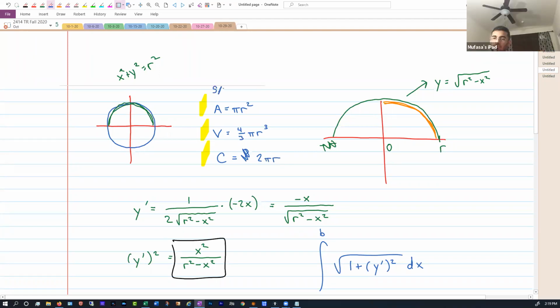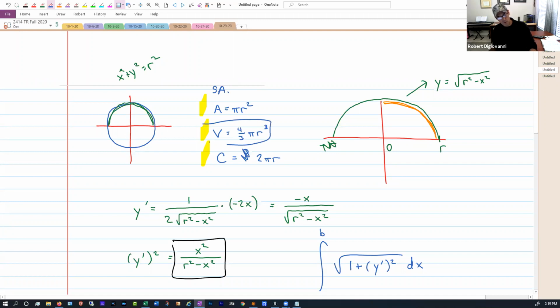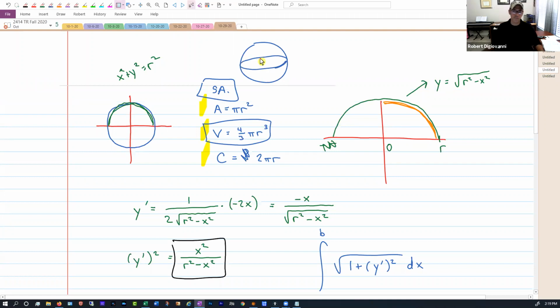Surface area of a sphere, right? So that's the volume of that solid ball. But what's the surface area of a ball? Well, we could look up the formula, couldn't we? We could. Let's not. Let's just come up with it on our own.